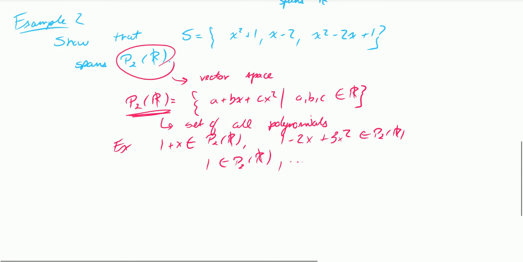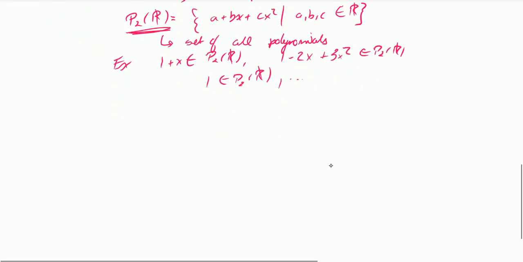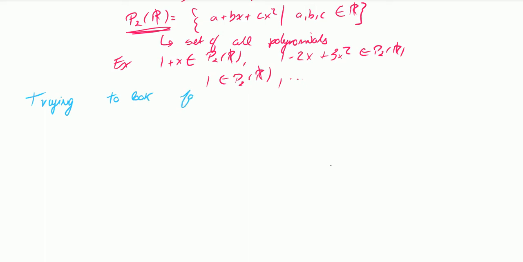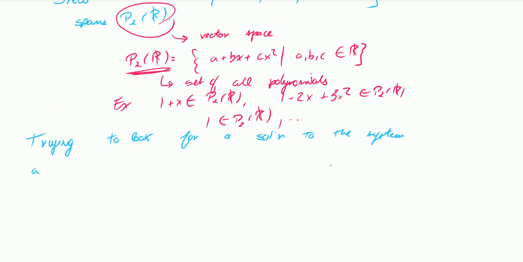Okay, so let's go back to the question. The question is, show that the set S equal to x squared plus 1, x minus 2, x squared minus 2x plus 1 spans P2R. So in other words, what we're trying to do is look for a solution to the system a plus bx plus cx squared.